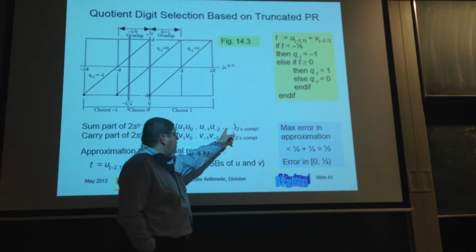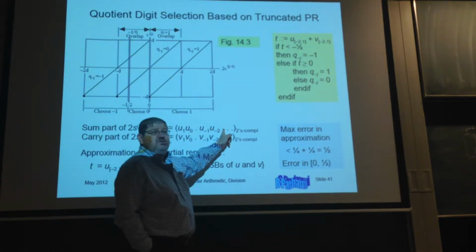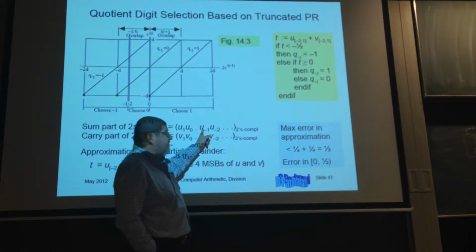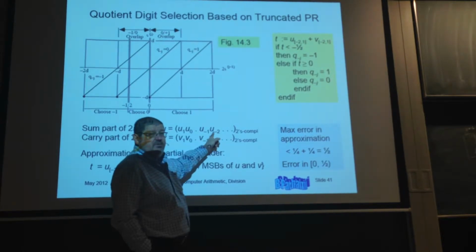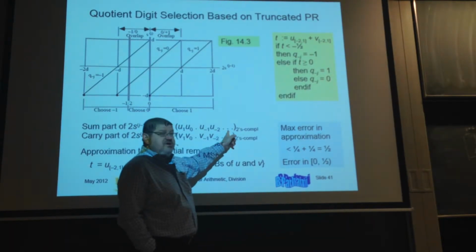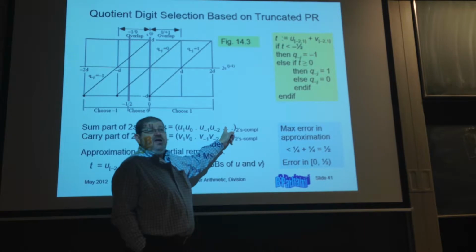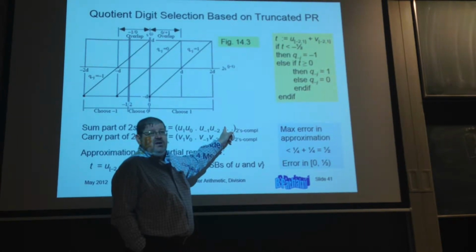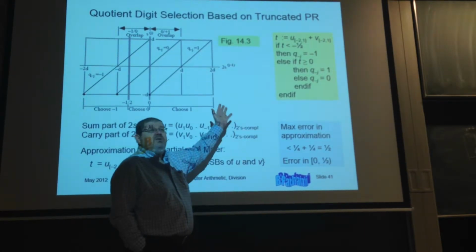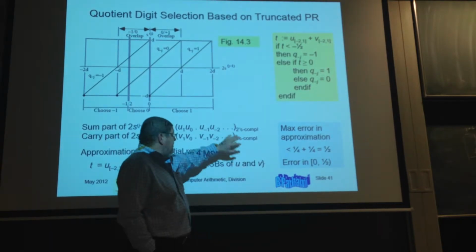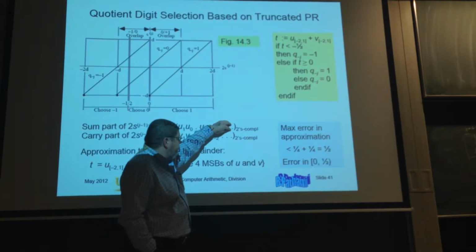Because I'm dropping all the bits which are beyond this position, this is 2 to the power minus 1, 2 to the power minus 2, and all those bits here cannot be higher than 1 over 4. Actually, they are 1 over 4 minus unit in last position. Then in here, I can drop less than 1 over 4.